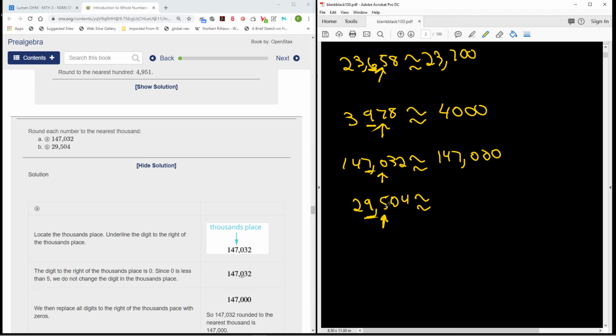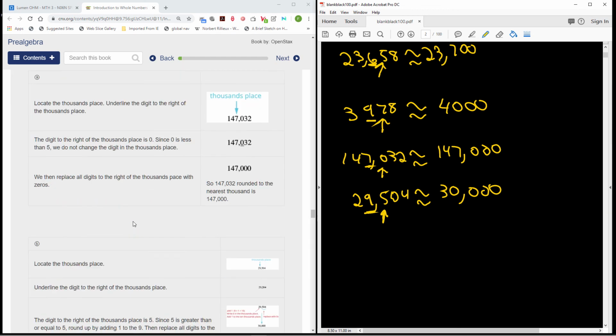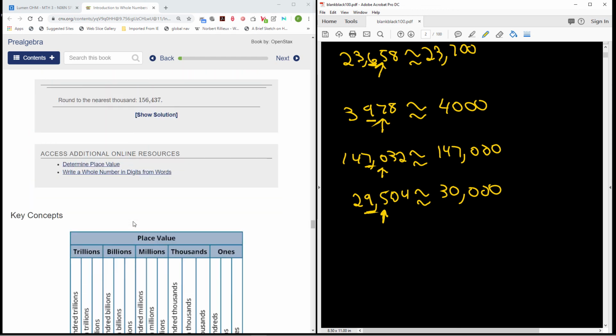It's 5 or greater, so we round this thousands up. So the 9 goes up, and the nearest thousand is going to be 30,000. And that's the end of section 1.1.